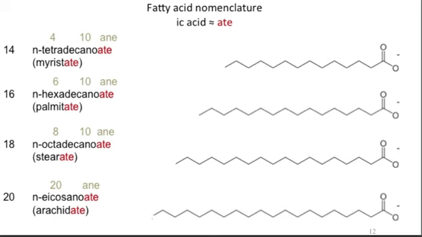You should know that -ate means it's lost the proton, it's negatively charged, it's oxidized, it has oxygens. -ic acid technically means the proton is still there, but you will not find that nomenclature being used legalistically. If there's a test question sometime where you're looking for hexadecanoic acid and it's not there except in the deprotonated form, you should use that as the answer. Don't work on this too much, just go, I can see the logic of it.